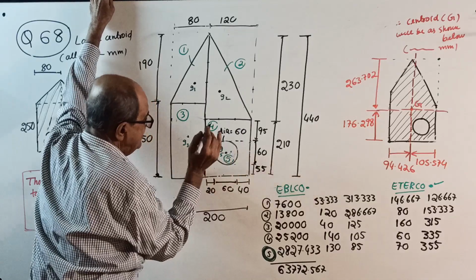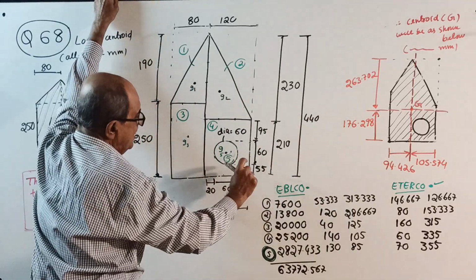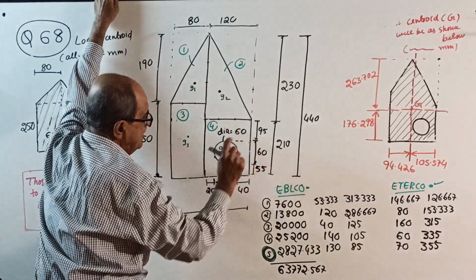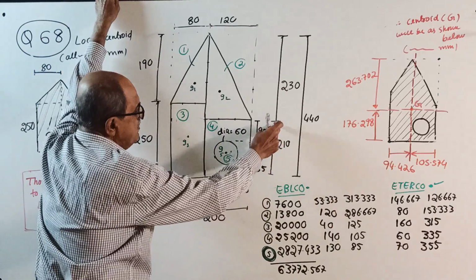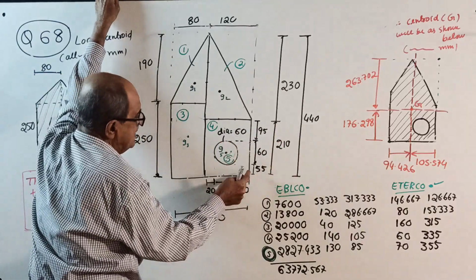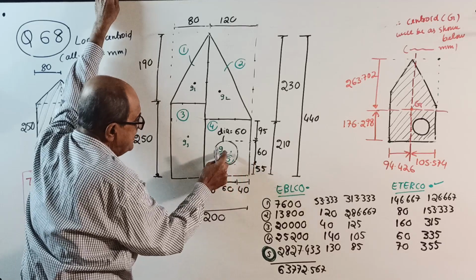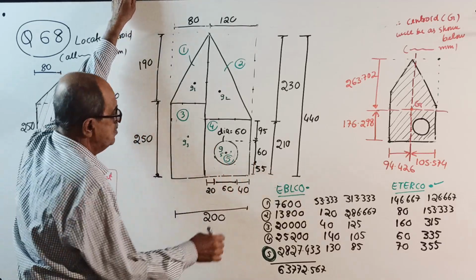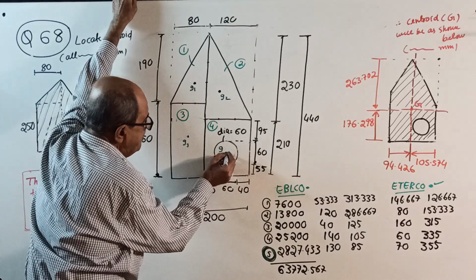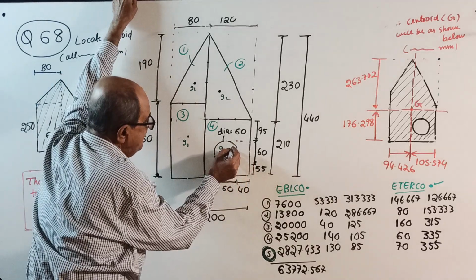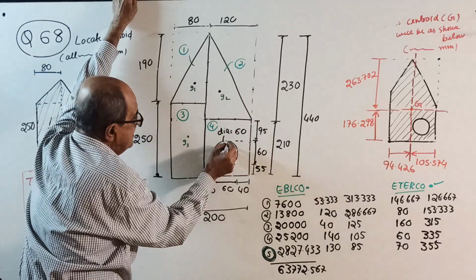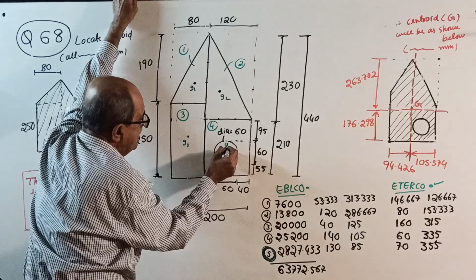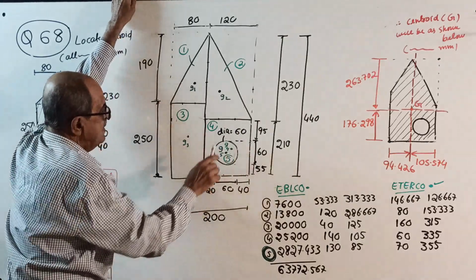Then height-wise, 55 plus 60 is 115. No, the height is 210, which means 105. So below this point, but 55 plus 30 up to here is 85, so it will be a little above this point. This is the centroid of the rectangle, that is G4.